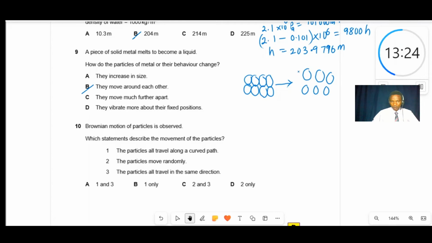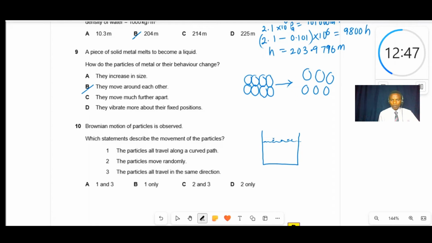Now question 10. Brownian motion of particles is observed. Which statement describes the movement of the particles? The particles all travel along curved paths? No. In Brownian motion you have a liquid, maybe water, then you put pollen grains on top of the water and look at it in the microscope.